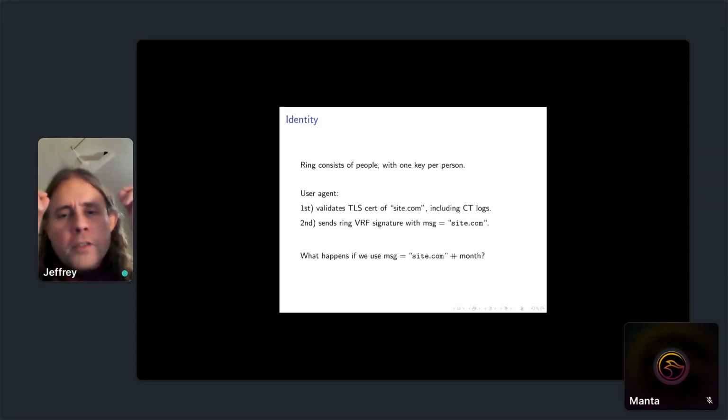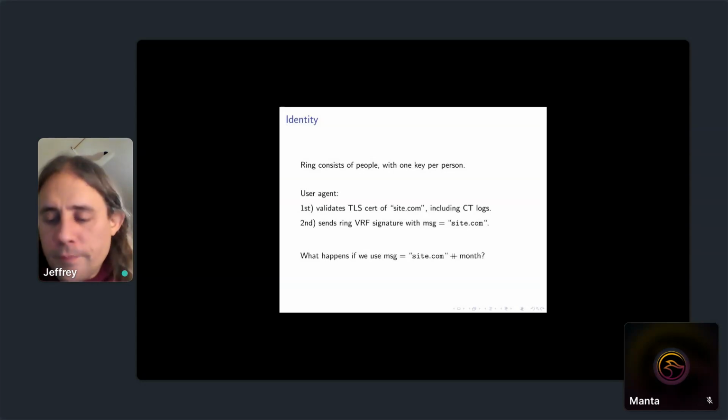But if you did site plus month and you proved multiple inputs, which you can do here, then you can construct things where the person has an identity. If they get in trouble, if they do something stupid on the site, they go away, then they can come back next month and have a completely new identity. But otherwise, their identity can be long lasting within the site. And there's a variety of different things that you can construct.